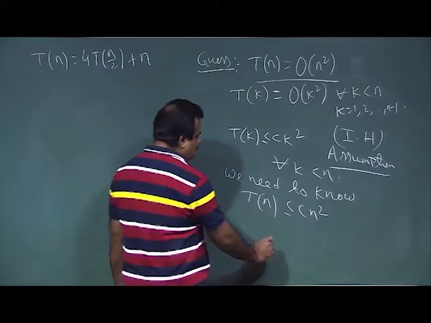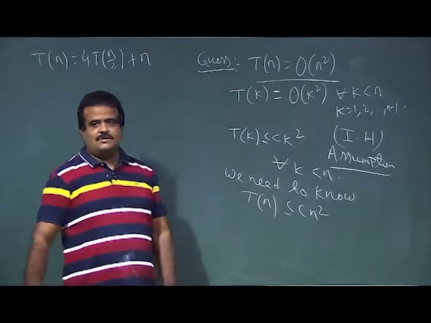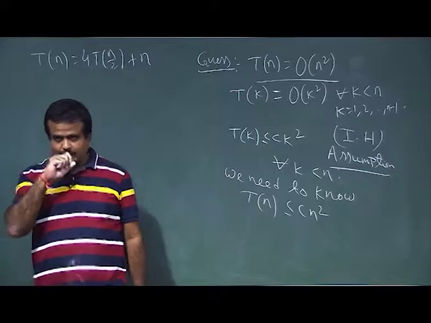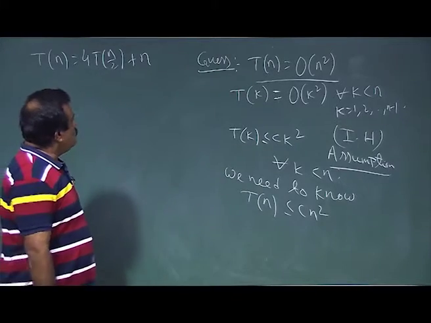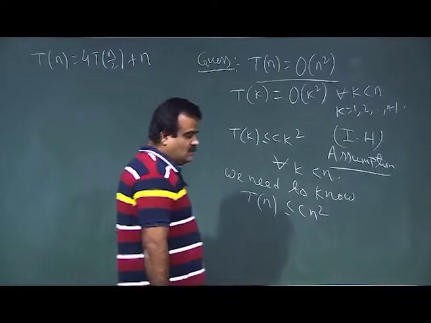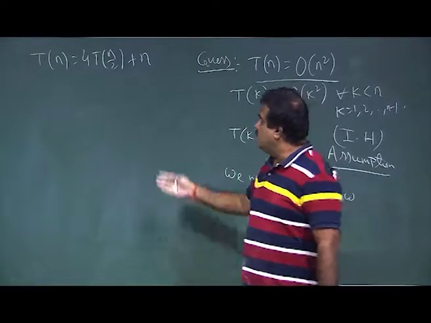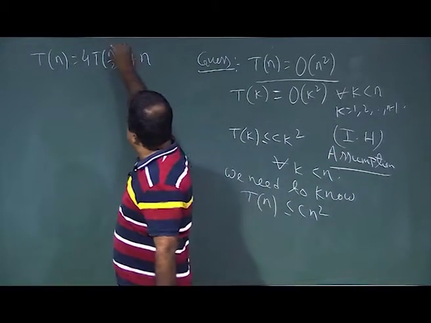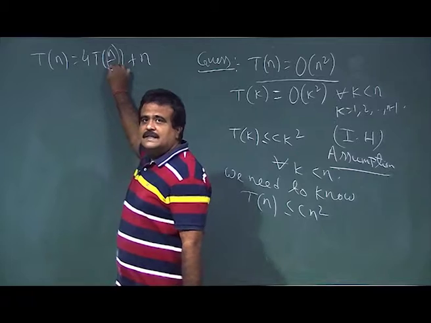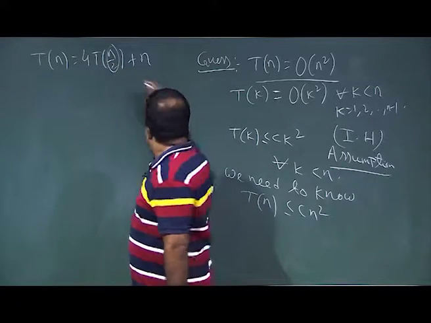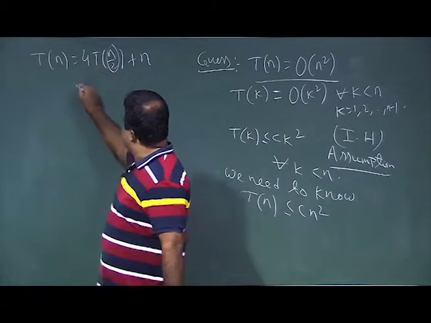If we can show this, then we can say T(n) is order of n square. How to show this? This is our recurrence, we will use this recurrence. Here n by 2 is less than n, so this is our k, and we can use this induction hypothesis.